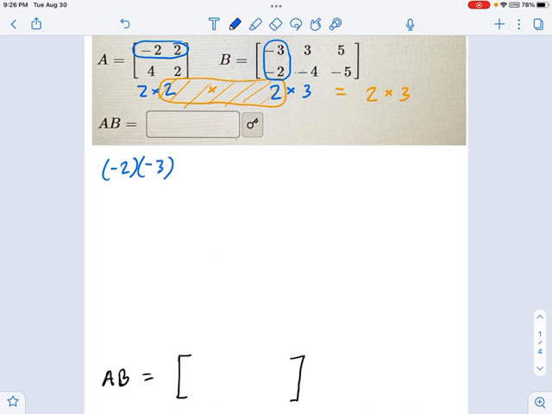See how those matched up? I took this -2 over here and put it into that number. And then I'm going to add +2 times -2. What's happening here is I'm taking this part of the top row and multiplying it into that part of the left column. Now we just do this multiplication out. It's not too bad. It's just going to be 6 plus -4. So that's 2, and that goes right here. That's our top left entry.